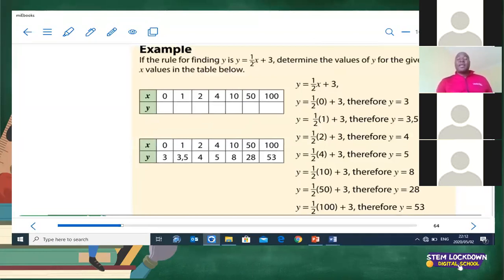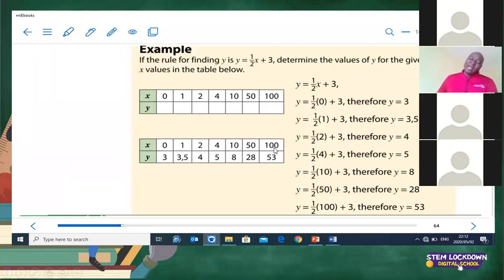And if x is 10, then you have half of 10 plus 3, which is half of 10 is 5 plus 3 is 8. So if x is 10, then y will be 8. And the last one, x is 100.